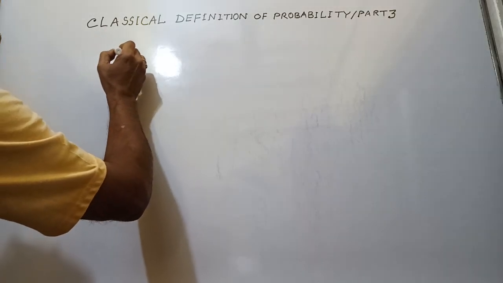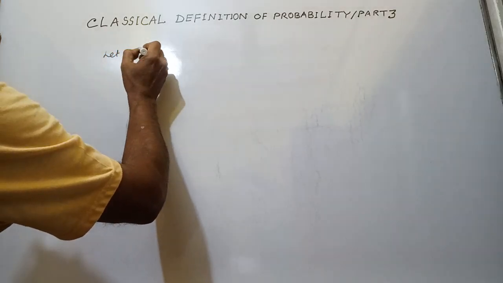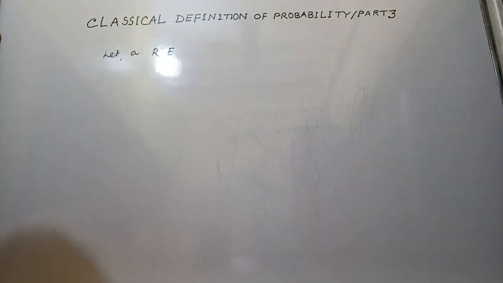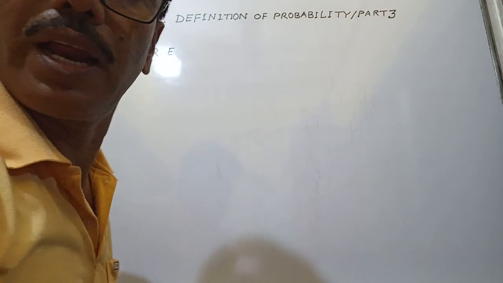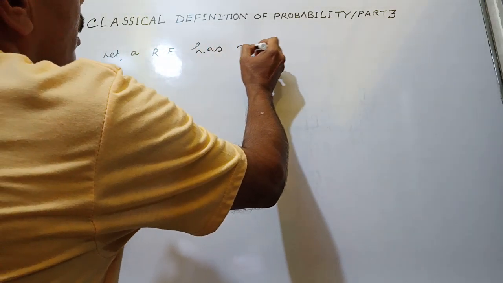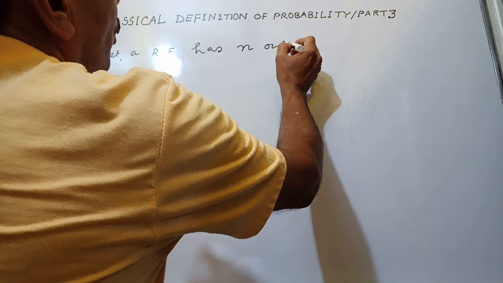Let a random experiment have n outcomes.